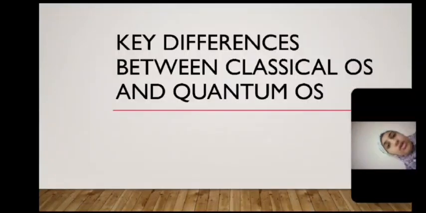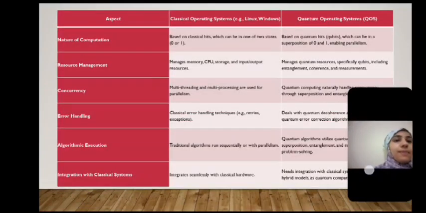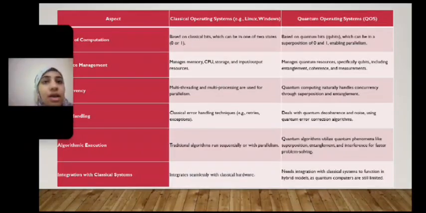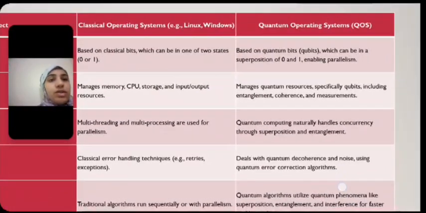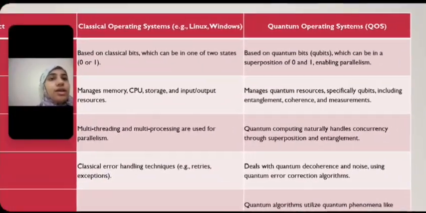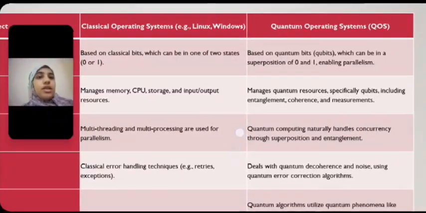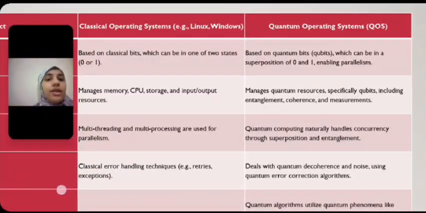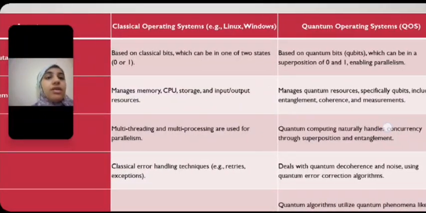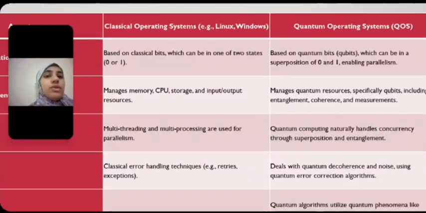So, starting with the comparison and key differences between the classical OS and the quantum OS. Looking at this comparison, the classical operating systems, for example Linux and Windows, and the quantum operating system, QOS.